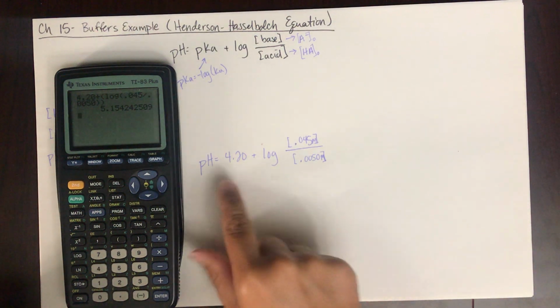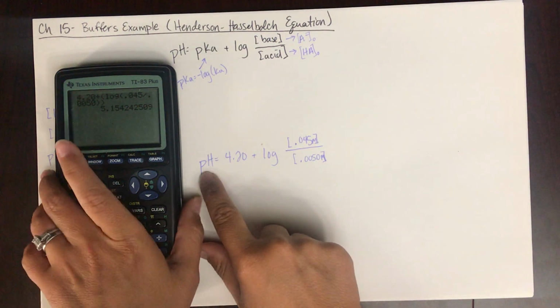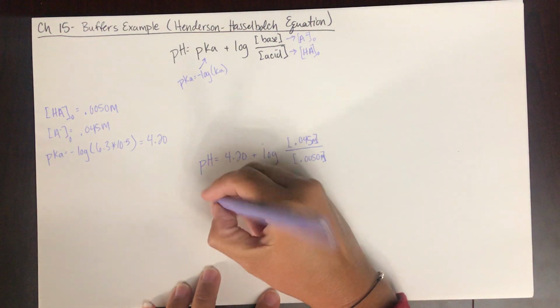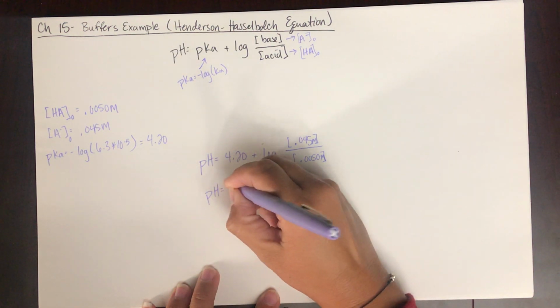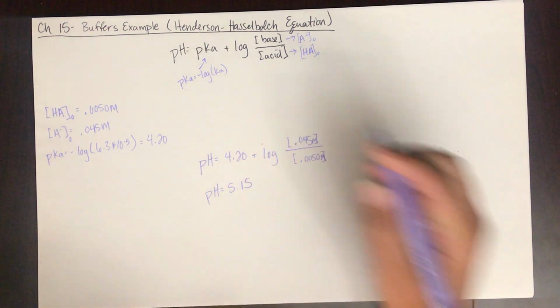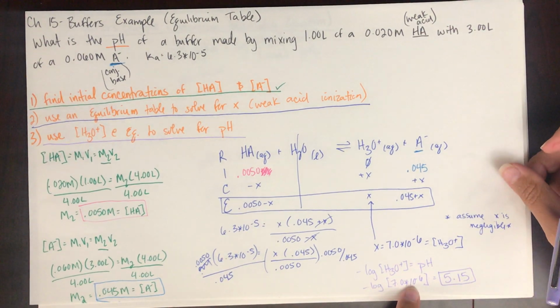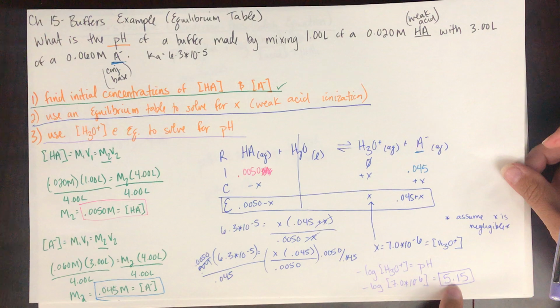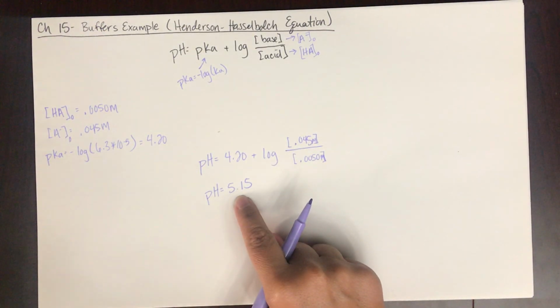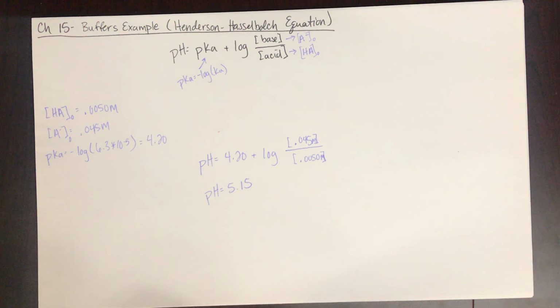It should have 2 decimal places because this is a pH. pH equals 5.15. This is the same thing that we got when we used the equilibrium table. We got a pH of 5.15. Here we used the Henderson-Hasselbalch equation, and we also got a pH of 5.15.